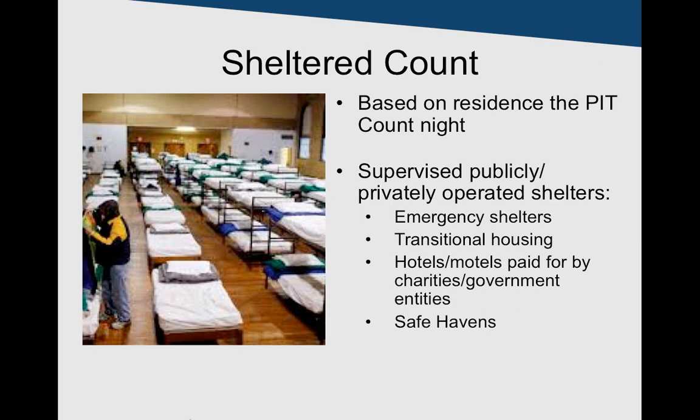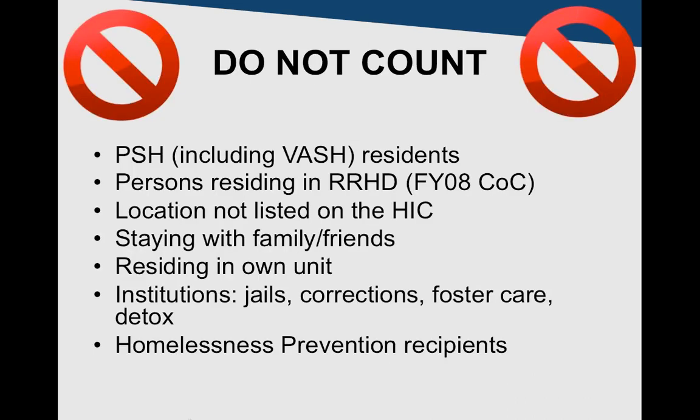This includes individuals and families living in a supervised, publicly or privately operated shelter designated to provide temporary living arrangements, and this can include congregate shelters, transitional housing, and hotels and motels that are either paid for by charitable organizations or by federal, state, or local governments for low-income individuals on the night designated for the count. This includes persons also residing in safe havens.